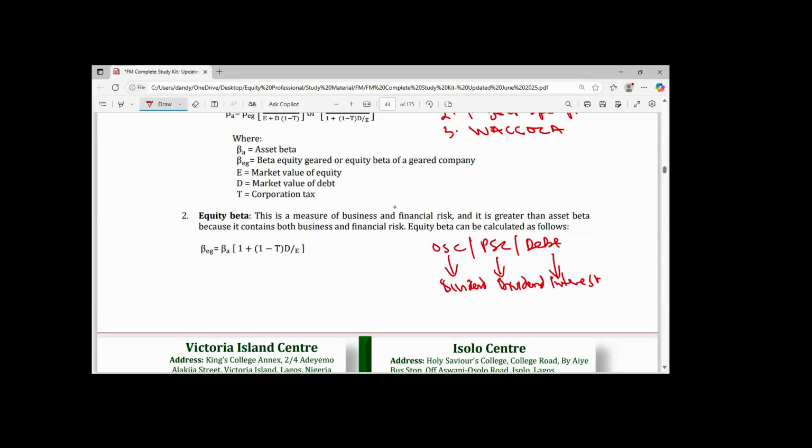Therefore, when you are given capital structure information, you remember what I told you earlier on, capital structure is the way and manner a company finances its operation. So we have ordinary share capital, preference share capital, as well as debt capital. So these are the major sources of long-term financing. So the cost that the company will pay to the ordinary shareholders is dividend.